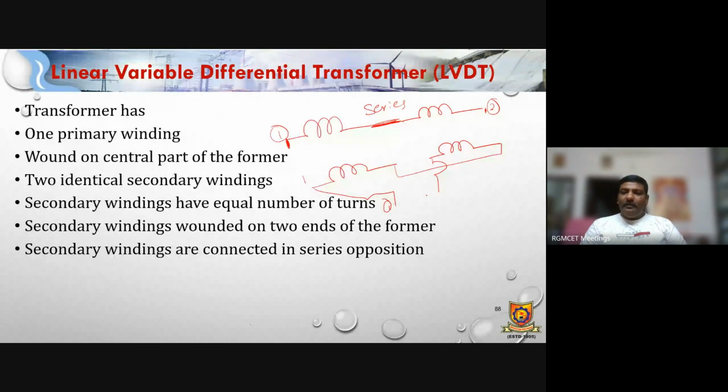Here the current will enter and move in this direction, and from here the current will enter. You know about the dot rule from circuit theory. The current entering point can be represented through the dot. So in the first case, these two are connected in series, and in the second case, these two are connected in series opposition.